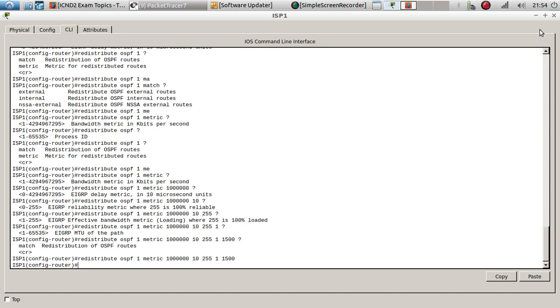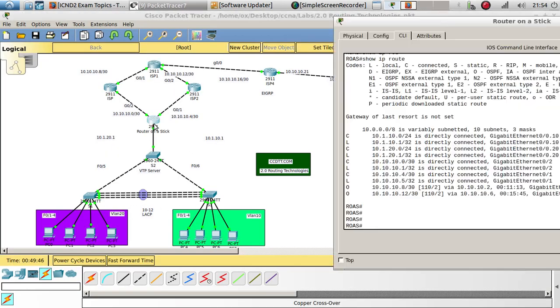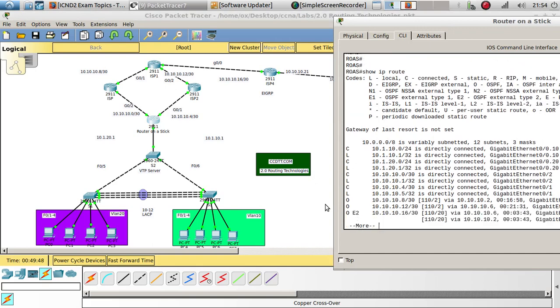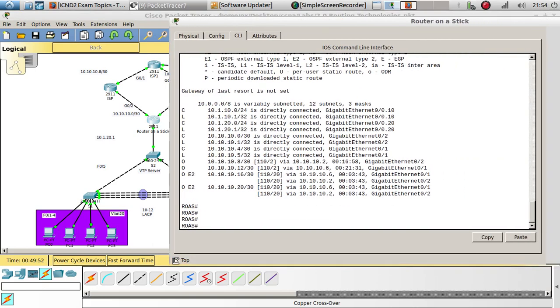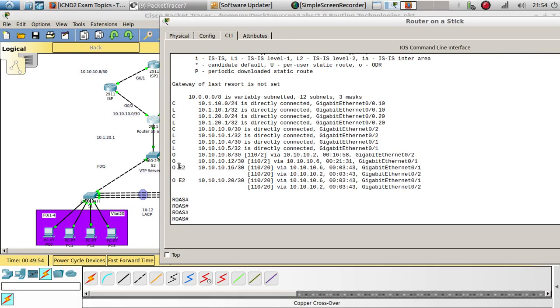Now if we go to this router over here, we should be able now to see a couple of routes to the EIGRP network. As you can see, we have 2, one to 10.10.10.16 and another one to 10.10.10.20.